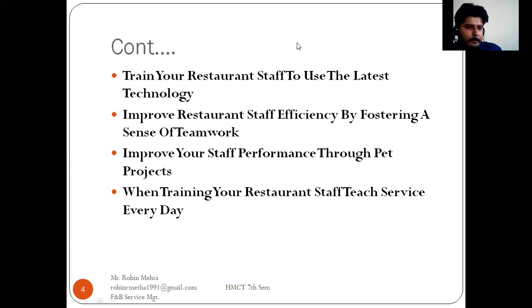Because they have to interact with the guest very much. They are not sitting at the back end or just doing work at the back end, but they have to meet the guest directly. So just teach them the service things every day, so that they can easily learn and build their confidence level to go in front of the guest.